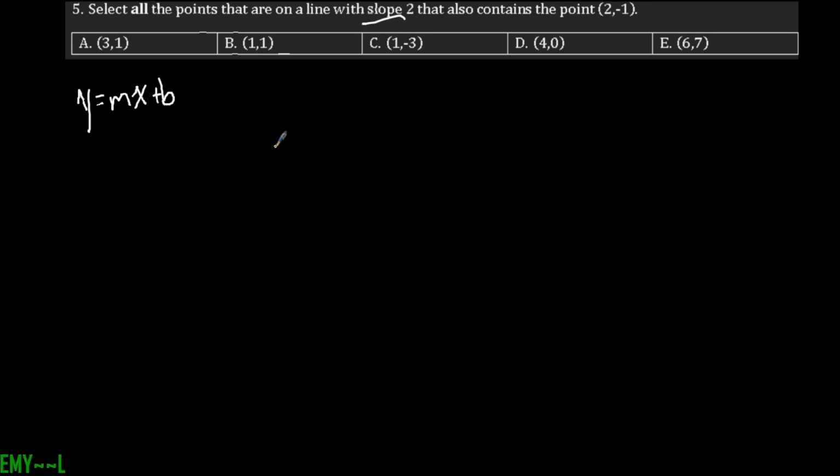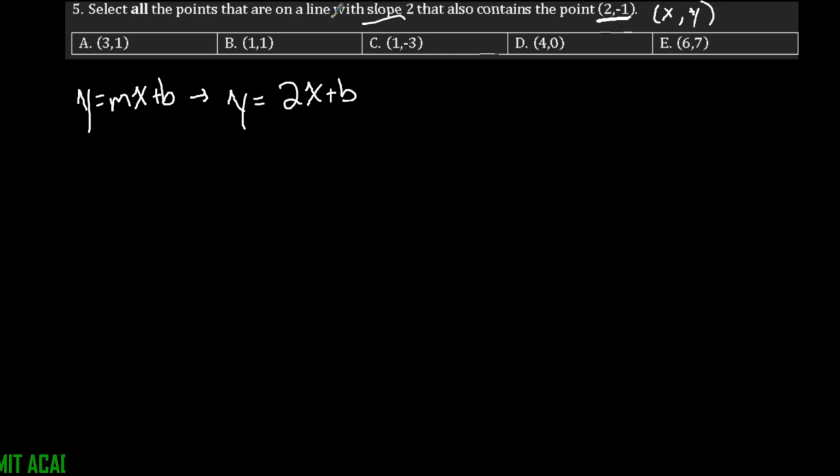We already have the slope, so we can replace this and say, well, this is going to be y equals 2x plus b. And then what we can do is take our point, because it has to contain this point. So x is going to be 2 and y is going to be negative 1.